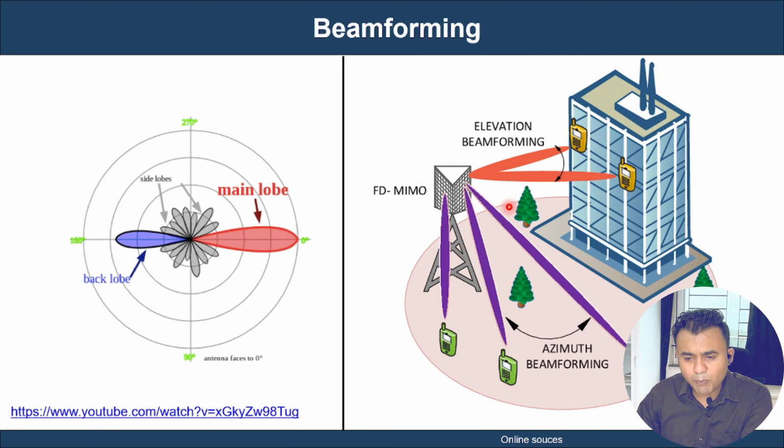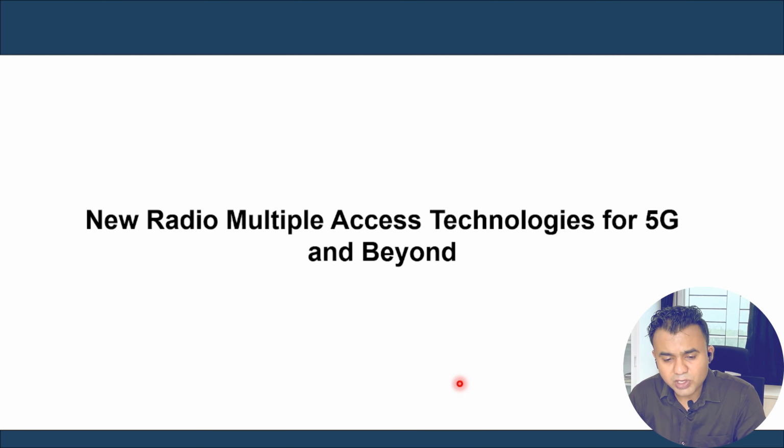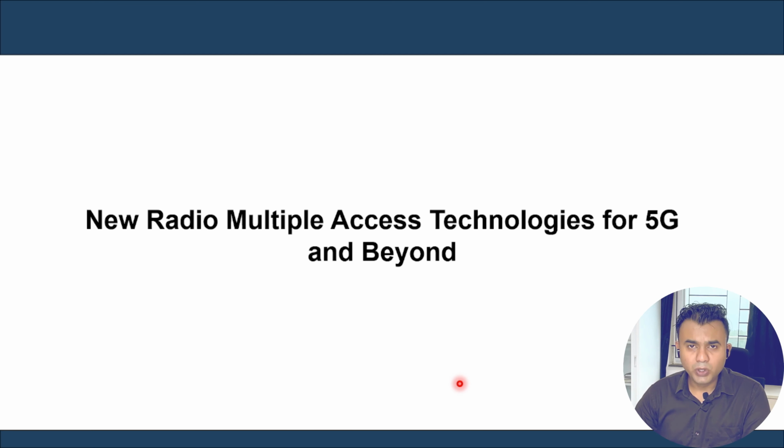For example, this is a particular beam which is focused on that particular mobile user to provide coverage. That's how we use space division multiple access in advanced mobile communication technology, which uses beam forming, right?